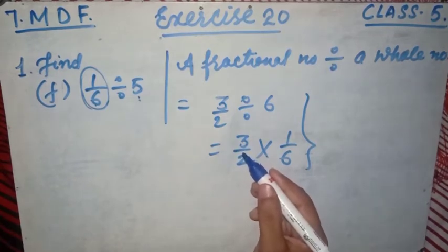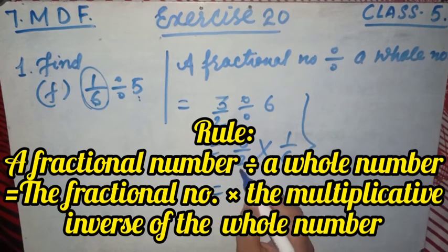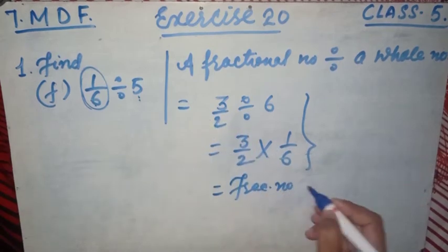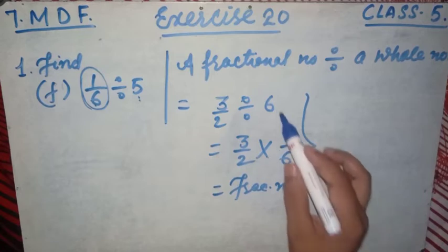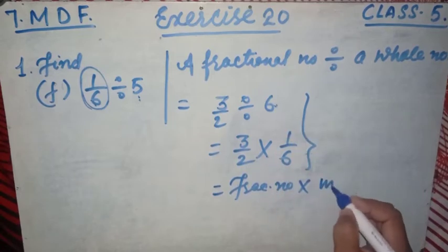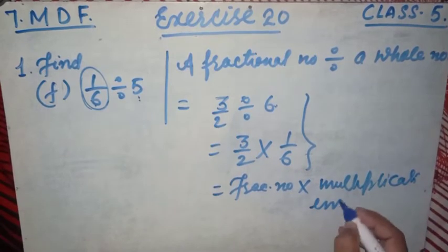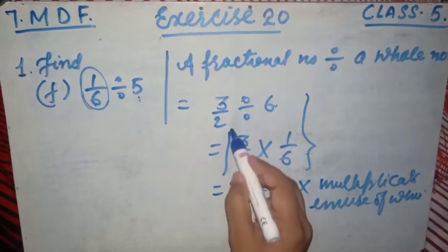That means we have to multiply the fractional number by the multiplicative inverse of the whole number. This is the example.